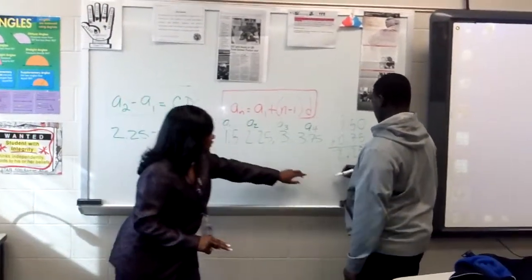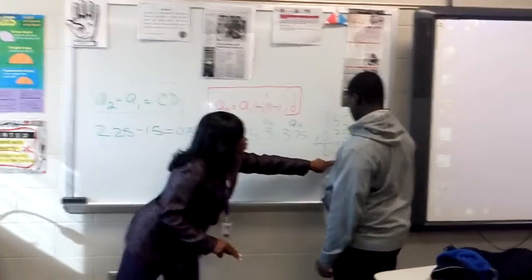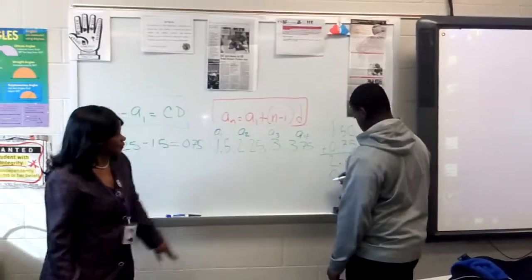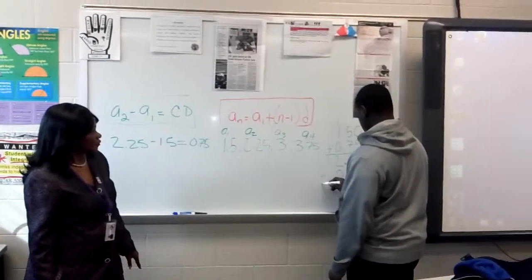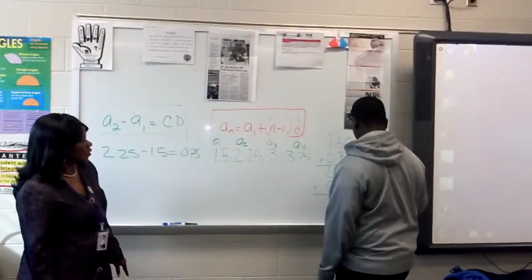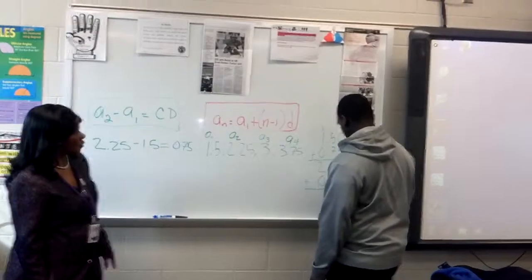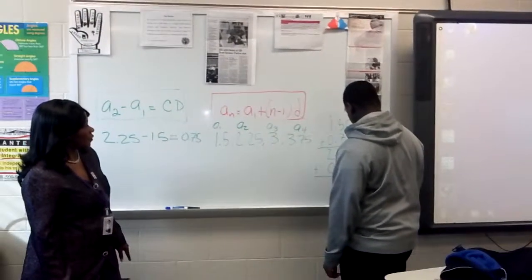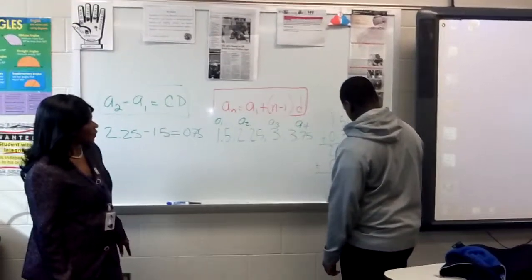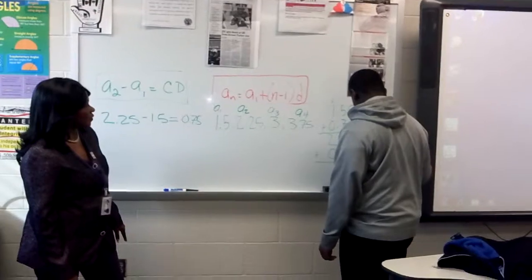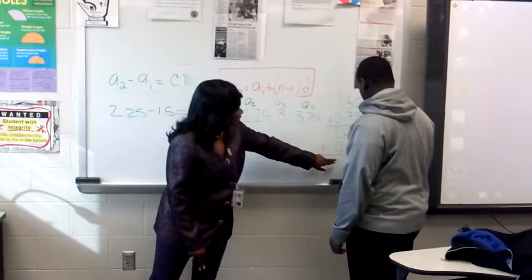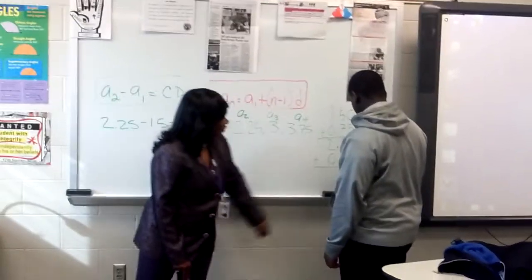Add that 0.75 to 2.25. Let's see if we're going to come up with this 3. That's 7 plus 2 plus 1.